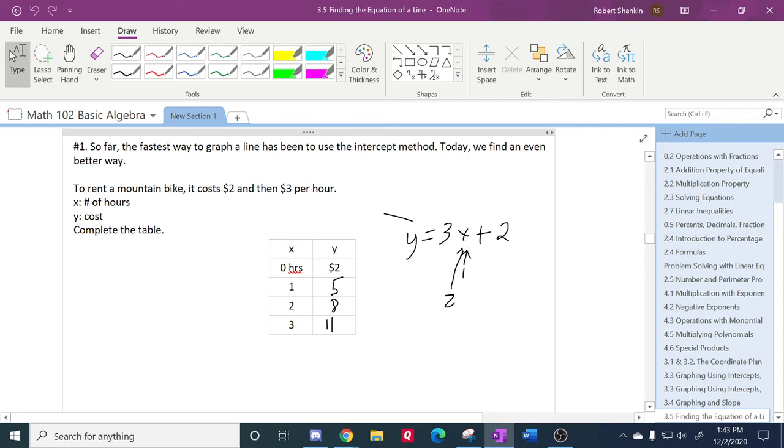The more important of these two really is the slope, because every time the x goes up by 1, the y is going to go up by 3. Its change gets magnified by 3 right over here, and this is the one-time starting position. If you were a big-time bike renter, that $2 fee maybe wouldn't bother you, but as you're renting for lots and lots of hours, this is the more important thing, that slope.